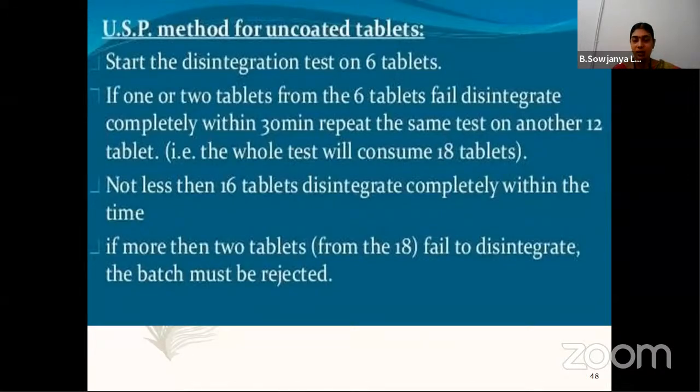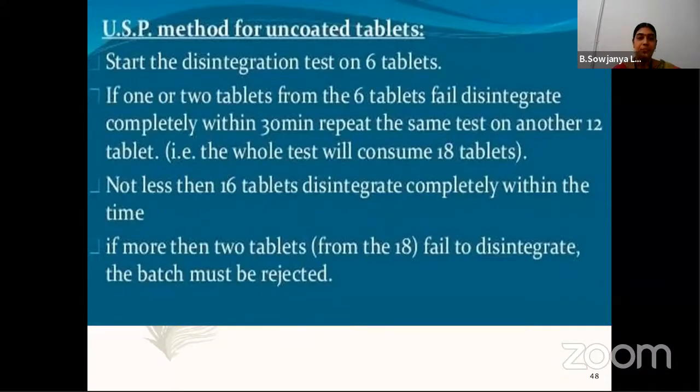The disintegration test starts with 6 tablets. If 1 or 2 of the 6 tablets fail to complete disintegration within 30 minutes, we can repeat the same test with another 6 tablets. So continuously 3 stages are to be observed here.